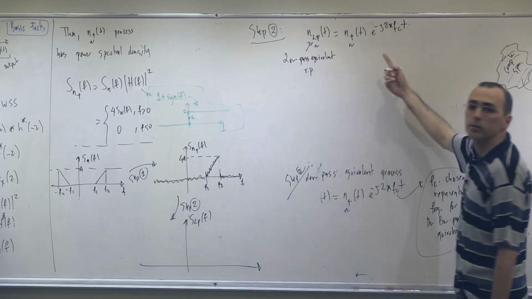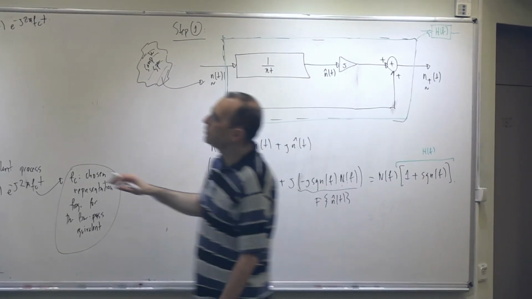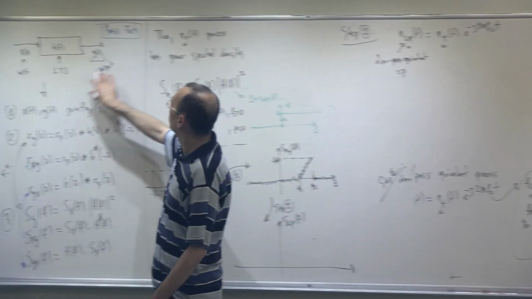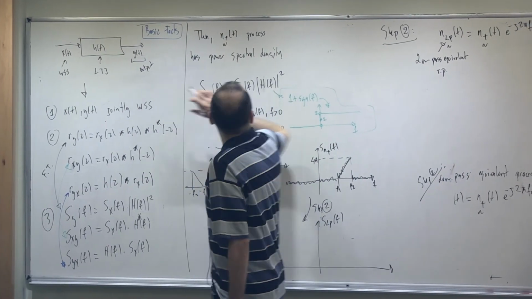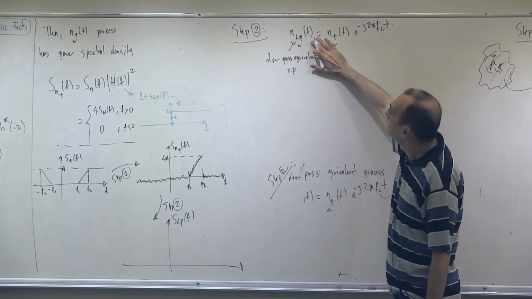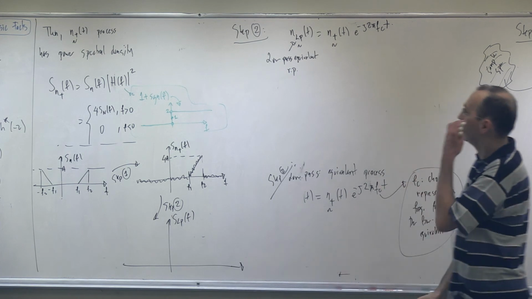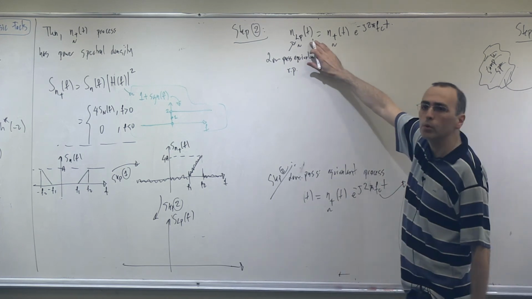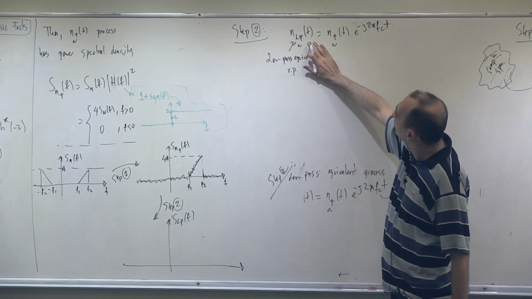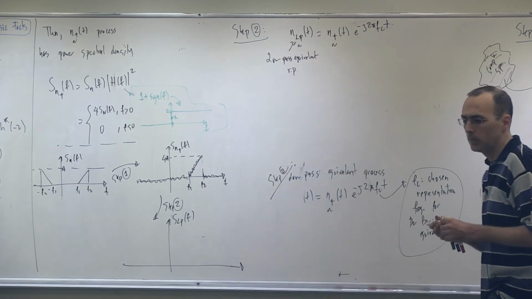So you may wonder whether it will be a wide sense stationary process or not, because since this is like LTI filtering, because of our basic facts, I know that this will be wide sense stationary. But after this operation, do you think this will be wide sense stationary? If it is not wide sense stationary, then its power spectral density will not mean anything, because it doesn't have an autocorrelation in a single variable. So this should be wide sense stationary in order for this to make sense.